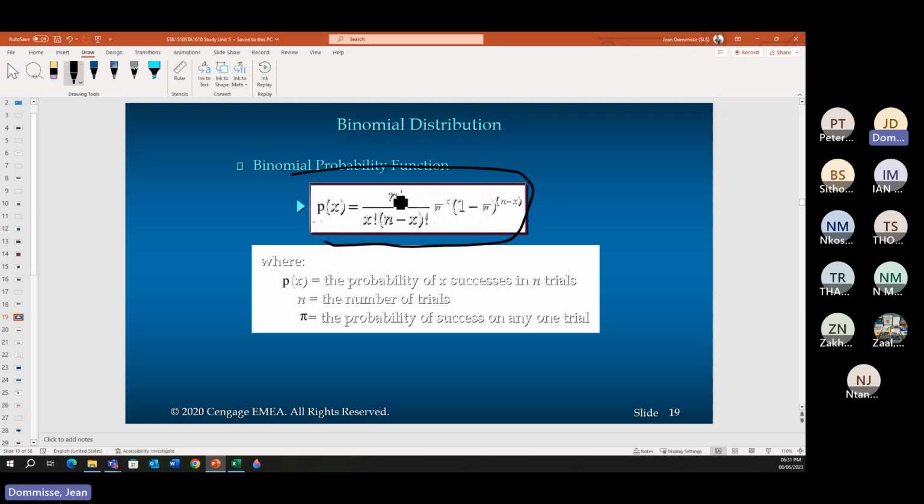I would have needed to replace all my n's with a 6 and all my x's with a 5, and work out an answer. Then I need to redo it, replacing all the n's with a 6 and all the x's with a 6 as well.